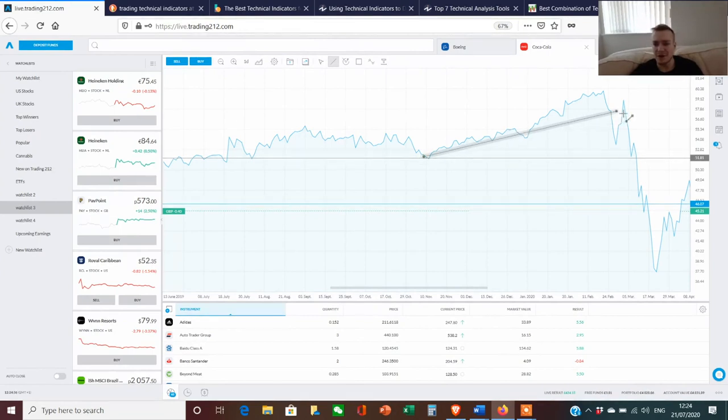So you could probably have drawn a line here. You could have looked at these two, so this point here and this point here, and you could have drawn a trend line.